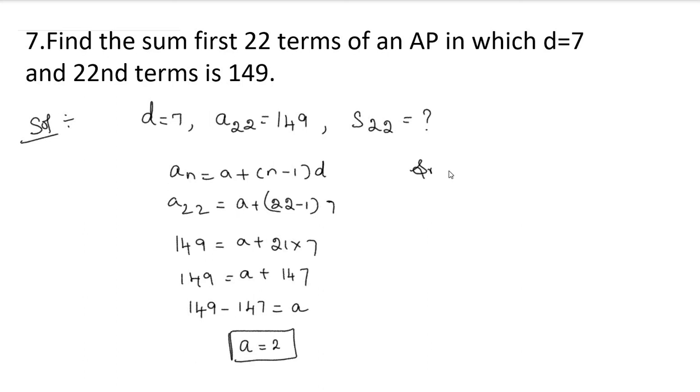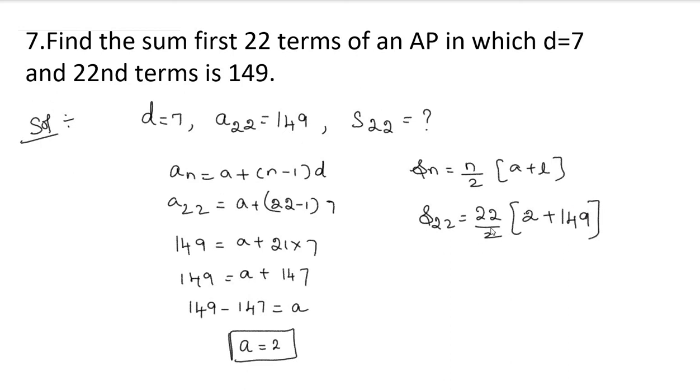Now let us find Sn. Sn is equal to n by 2 into (A plus L). Sn is nothing but S22, which is equal to 22 by 2 into, what is A? We have found 2, plus L, the last term, right? So what is the last term? 149.